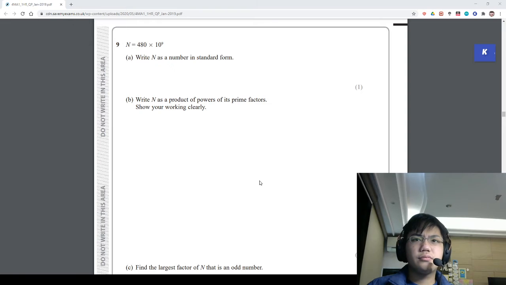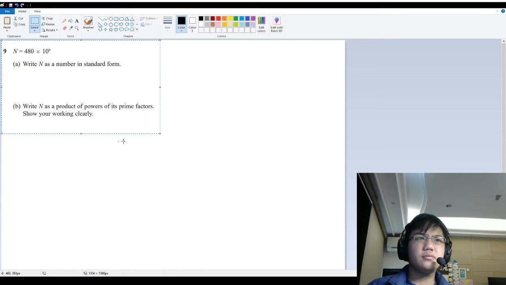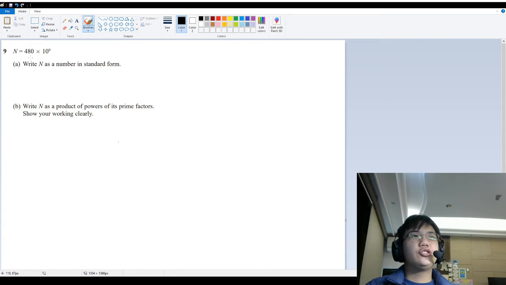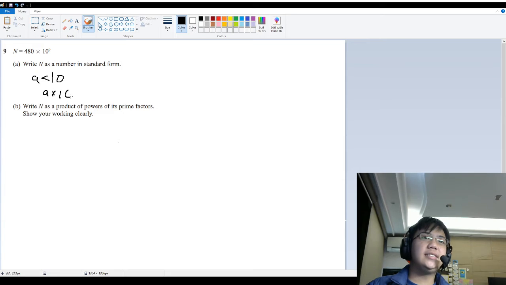So firstly, with part A, we simply make sure that the left hand side value, or as we can say a, is less than 10, and with a times 10 to the power of n.